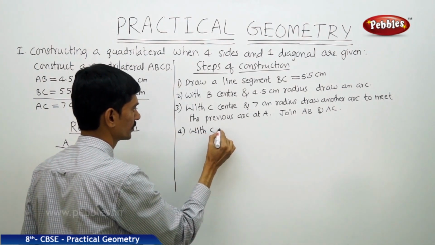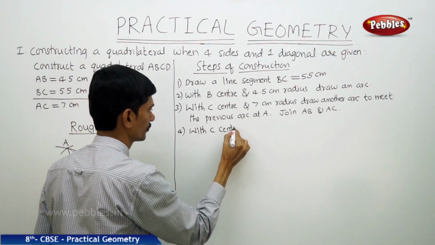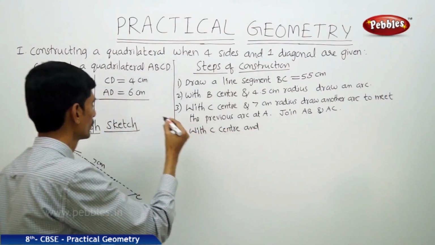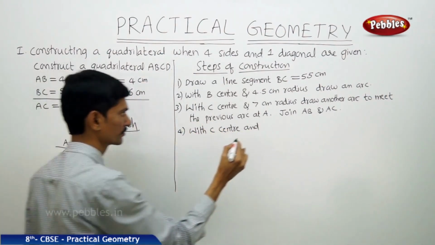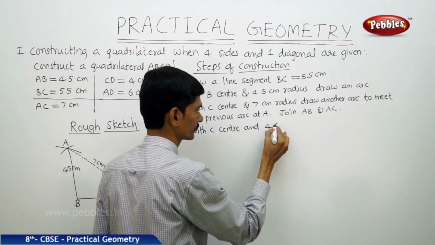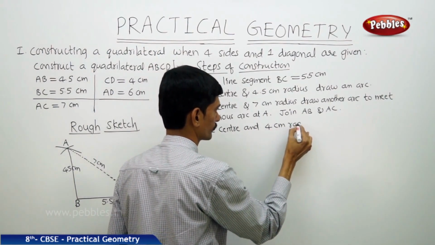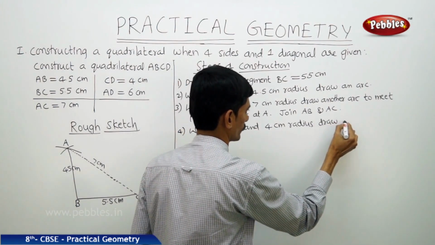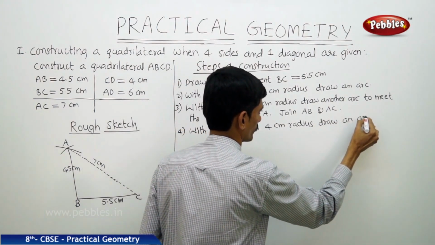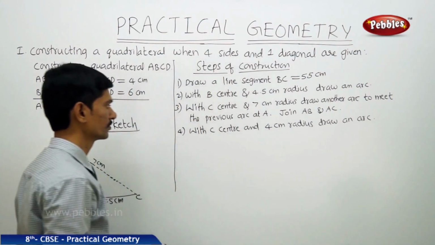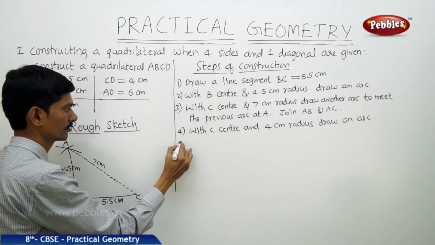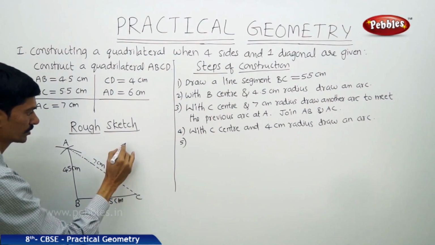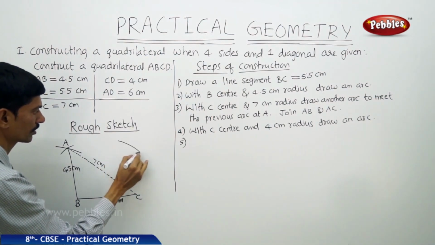With C as center and 4 centimeters radius, draw an arc here.